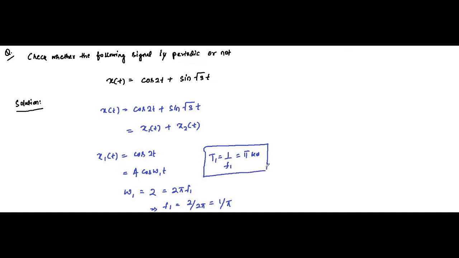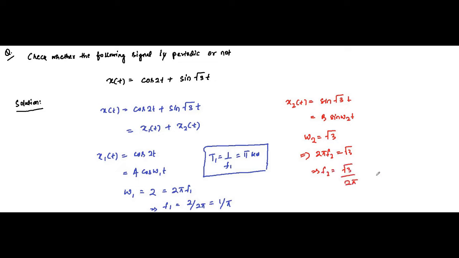Now the second signal x2(t) is equal to sin root 3 t. If we write it in the form of b sin omega 2 t, omega 2 is equal to root 3, that implies 2 pi f2 is equal to root 3, so f2 is equal to root 3 by 2 pi.